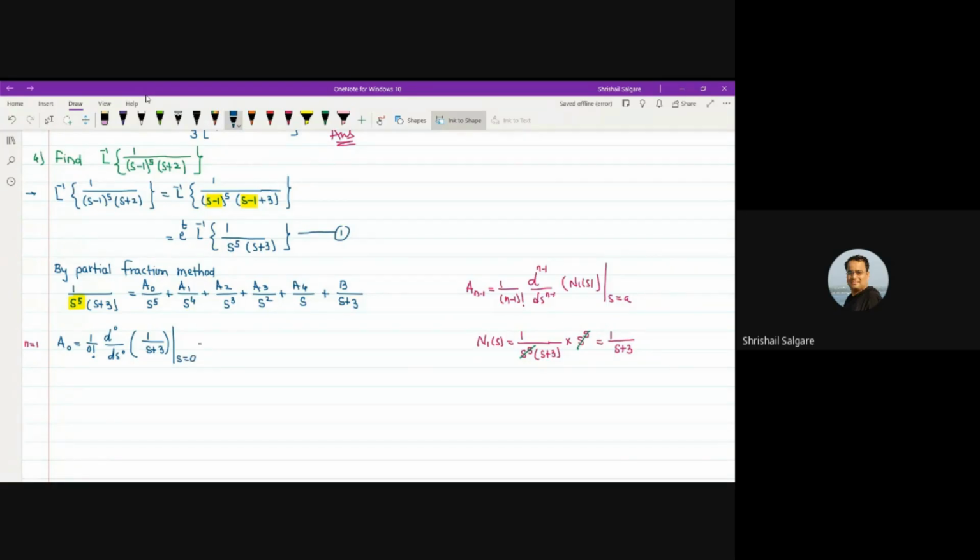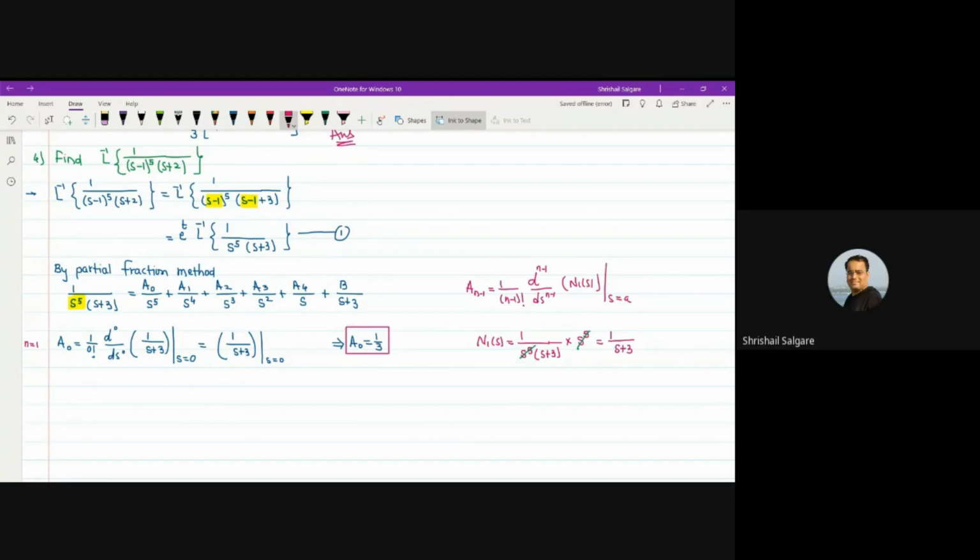Now, 0 factorial is 1. But 0th derivative is nothing but the term itself, 1 upon s plus 3 and value of this function at s is equal to 0. So this implies a naught is equal to 1 by 3. Am I correct? A naught is equal to 1 by 3. Am I right? Yes, sir.